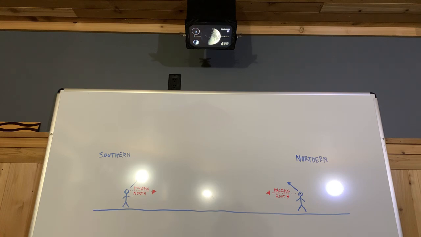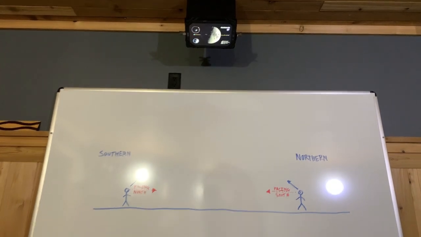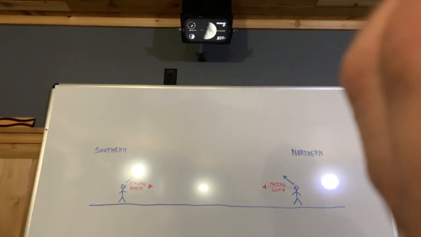So actually, we'd be facing west. So if we're facing west, we're going to see the moon just like that. But if we wanted to face east, when the moon was rising, whoops, I have to take you out again. You have to think about this.